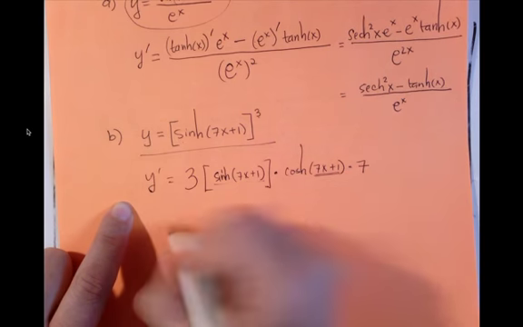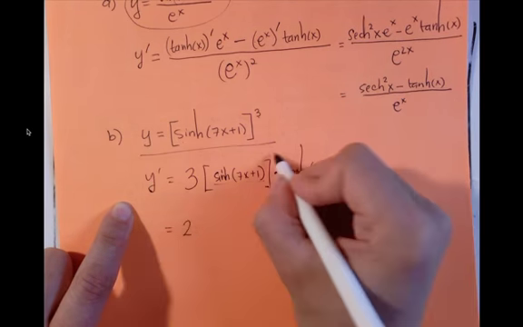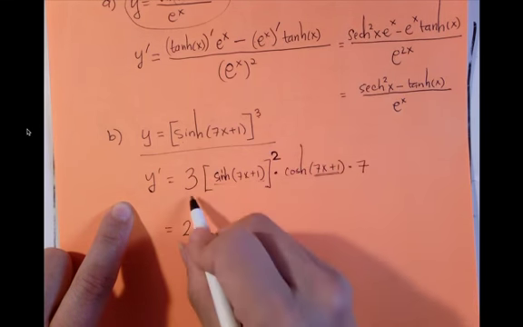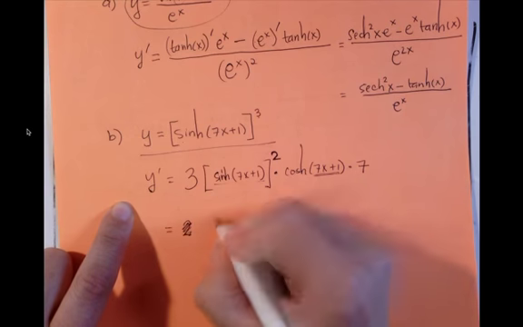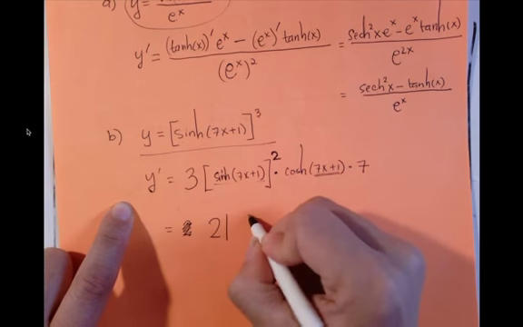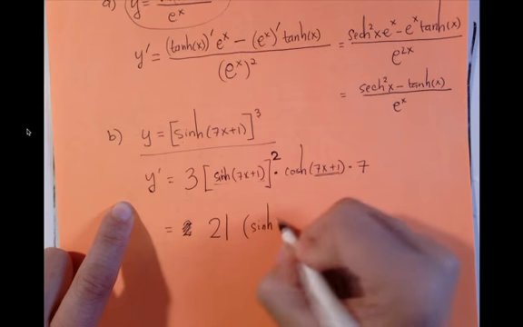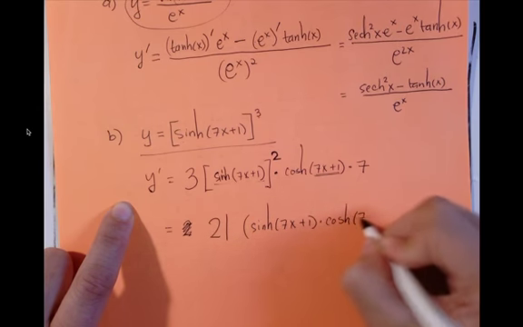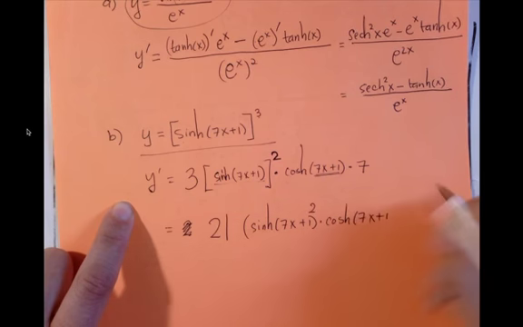So you can clean this up a little bit, but, oh, sorry, there should be a squared here. So this 3 times 7 gives me 21, sinh(7x+1) times cosh(7x+1), and this was squared, remember? And that's our derivative.